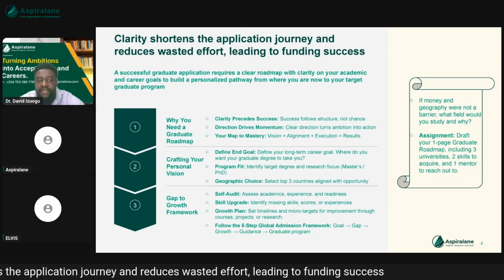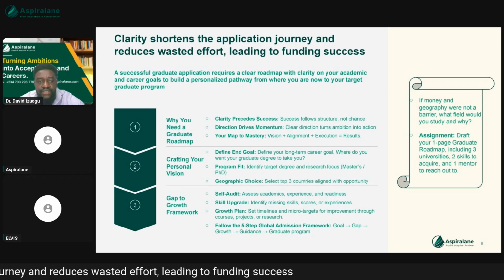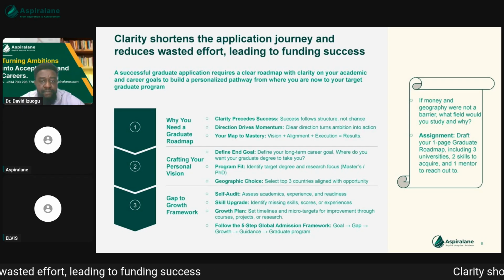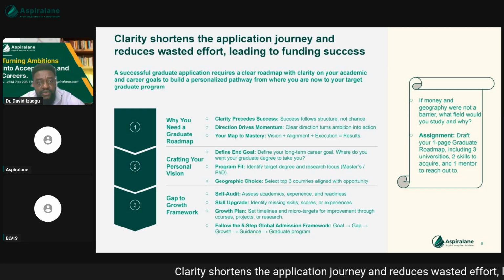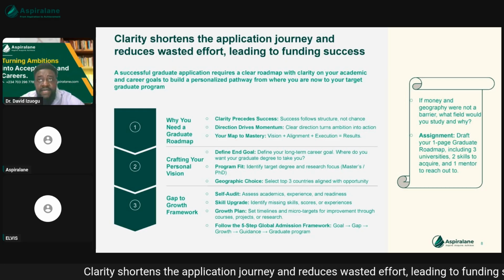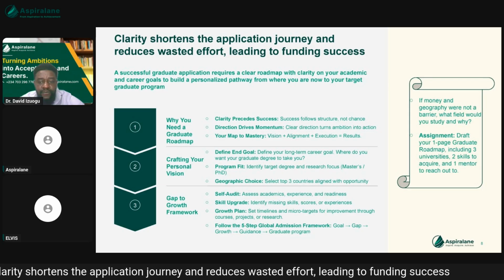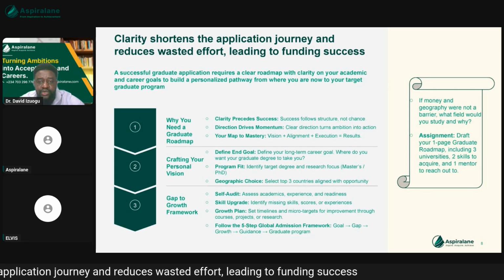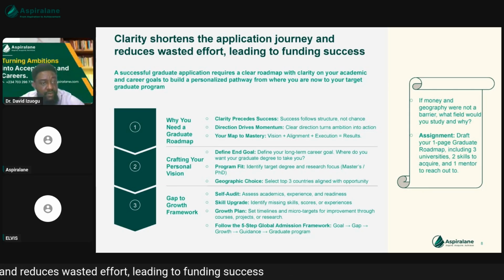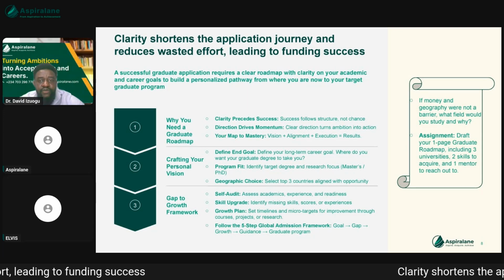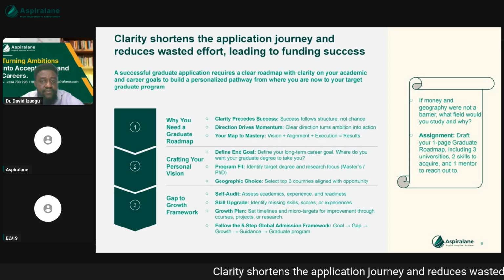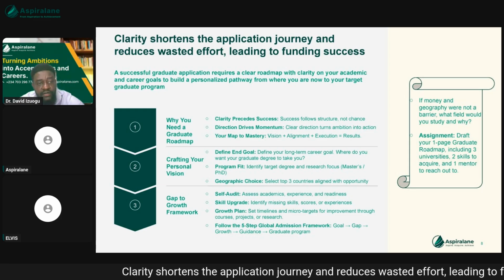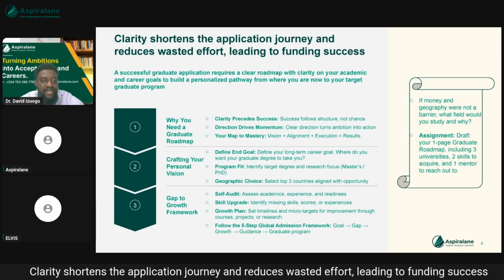And we ended the program in the morning by asking you: if money and geography were not a barrier, what field would you study and why? I think that's just a test to know if you are strongly motivated by whatever is motivating you now, or whether there is something else that could be a better option, something you love, something you derive so much passion in.